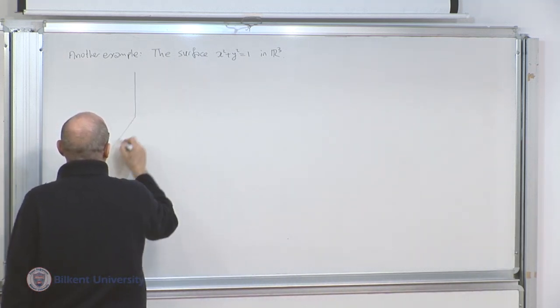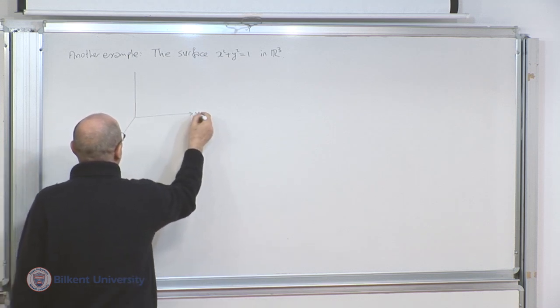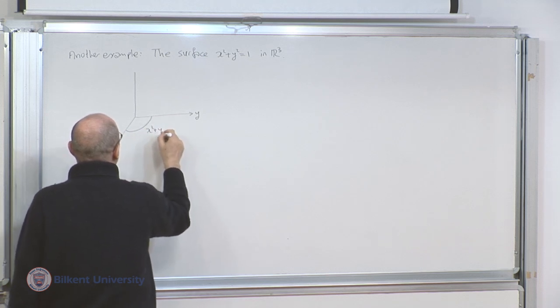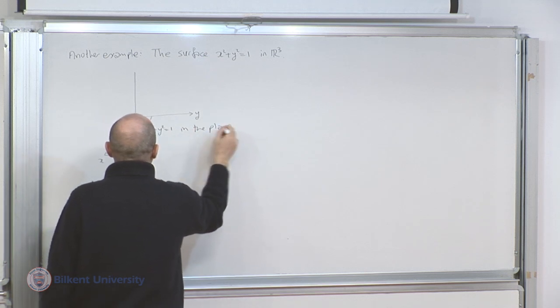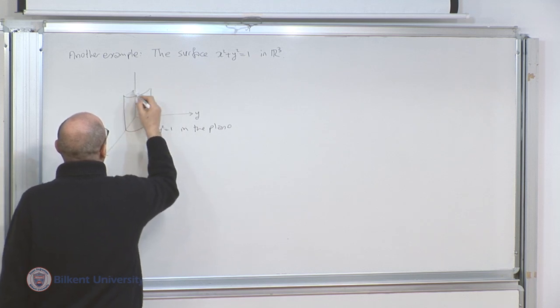So what happens again here is in the xy plane. This is x squared plus y squared equals 1 in the plane. Then I consider these points.